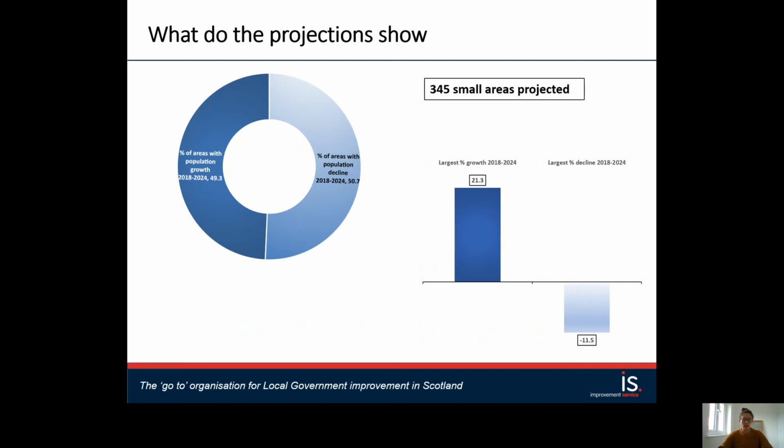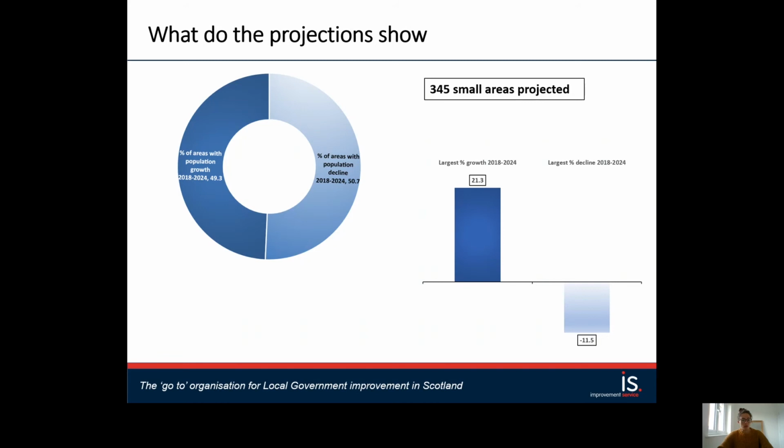So this just gives you a sense of the variability you see between different small areas across Scotland, and we see a lot of that same variability even within councils. Looking at this graph on the right-hand side, you can see that the largest percentage growth across any of those small areas that we projected was 21.3% between 2018 and 2024, whereas the largest decline was actually 11.5%.